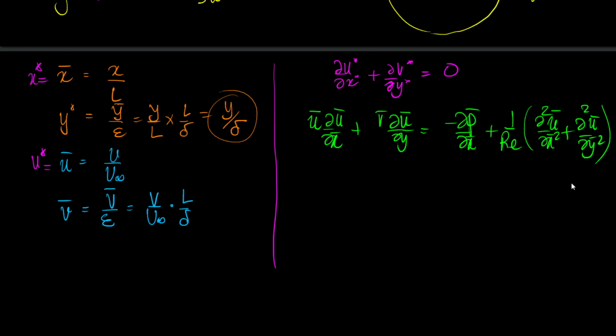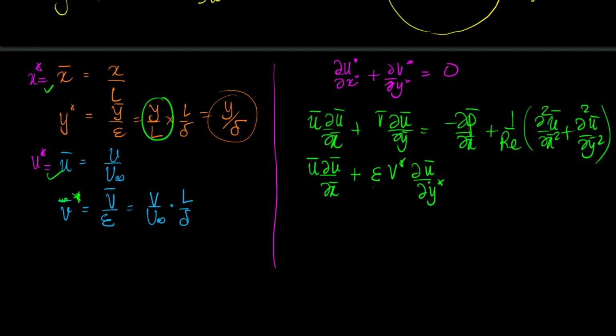So now we have to convert it. In order to convert it, u bar and x bar remain the same. Y star is essentially y bar upon epsilon. So v star is v bar upon epsilon, so this becomes epsilon v star, and del u bar del y bar becomes del u del y star.